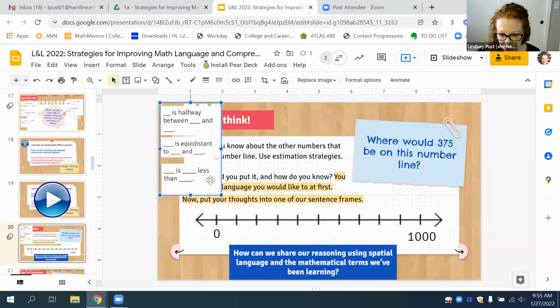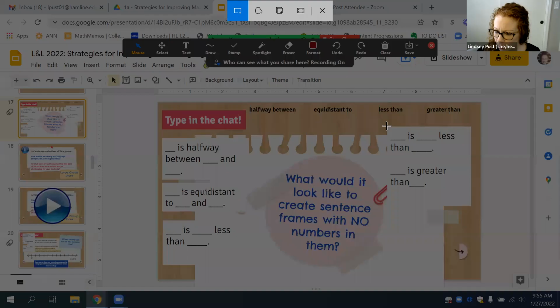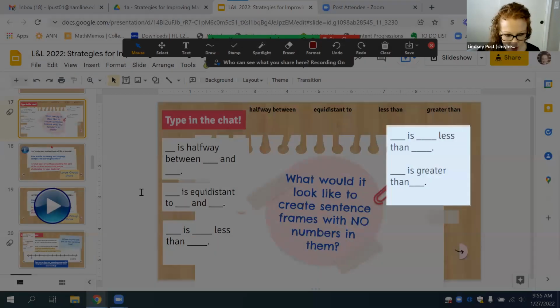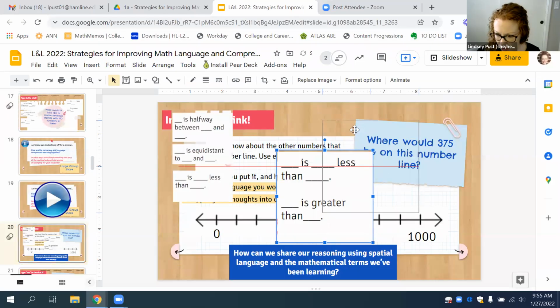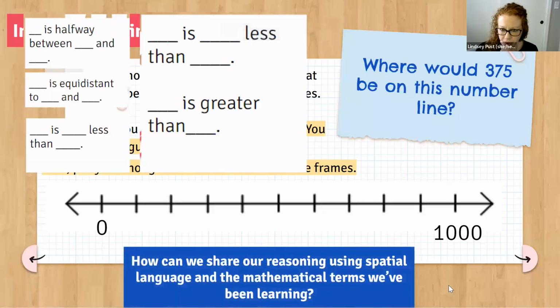So I want you to use one of these sentence frames to describe where 375 would be on this number line. And feel free to write your thoughts and put it in the chat. I'll give you some time.